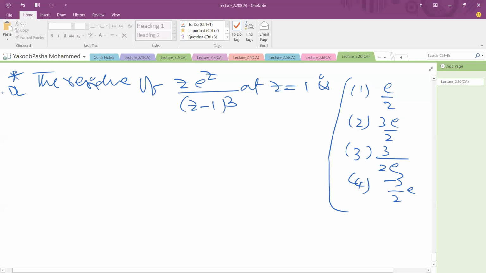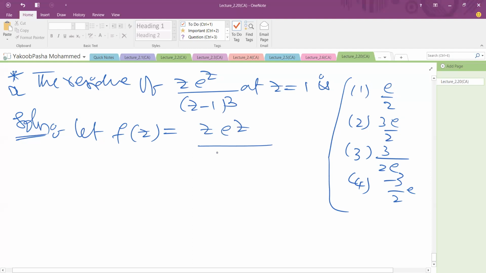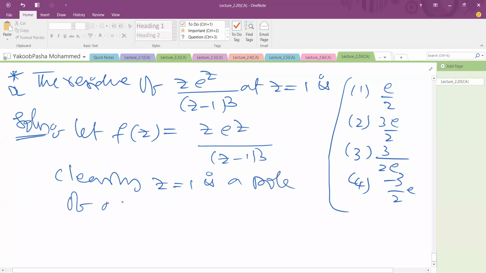First we can observe, when we take f of z is equal to the function z e power z by (z minus 1) whole cube, clearly z is equal to 1 is a pole of order m is equal to 3. So we have to calculate the residue at this point.